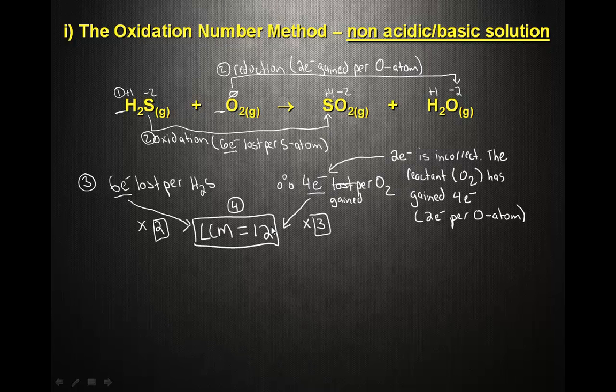And on this page here, we already have figured out what our lowest numbers for our two reactants are, because that's what these are right over here. This here is my coefficient for H2S.